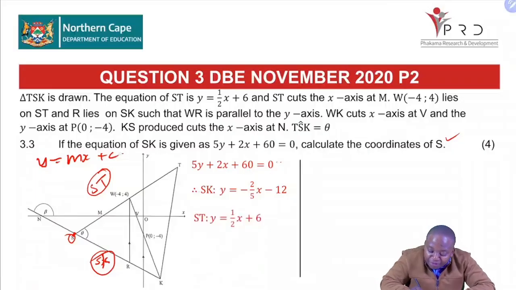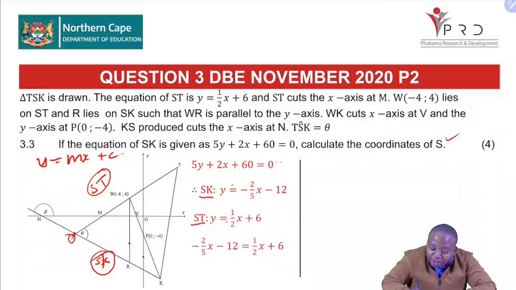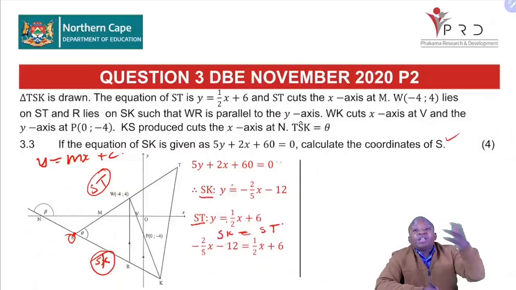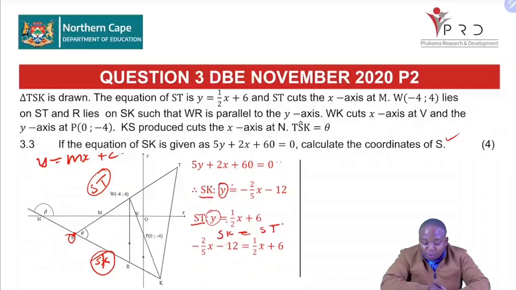Then we have SK in standard form and ST in standard form. To find S, we equate the two and use simultaneous equations. So this is SK equated to ST. Or we can use the substitution method. I can use equating because both of them are y equals.